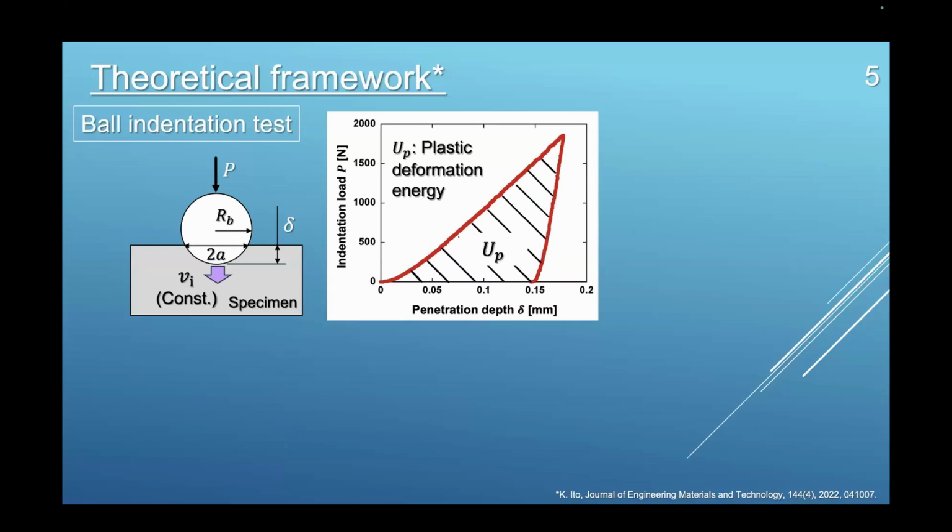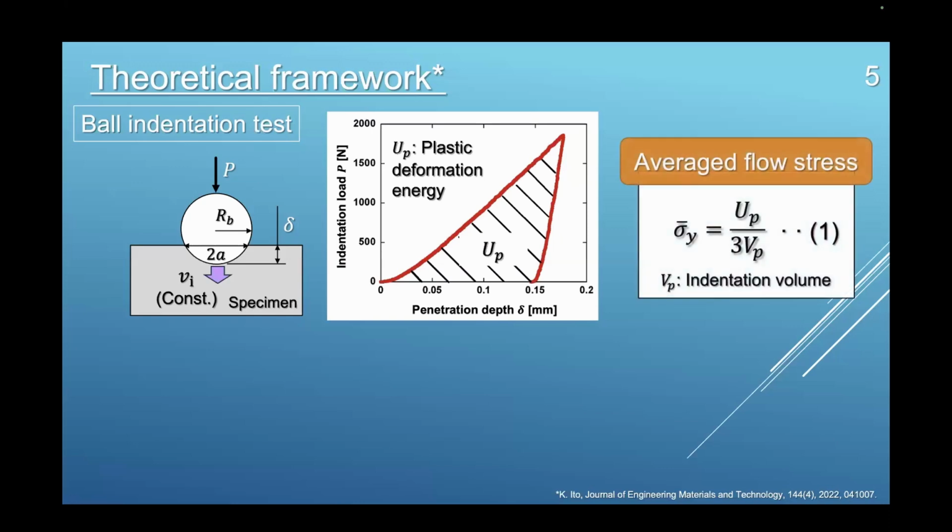In ball indentation test, the plastic deformation energy is calculated as the area of the indentation load penetration depth curves. So the average flow stress during the indentation process can be simply calculated as this equation, because inertial effect and thermal softening can be neglected in this situation.